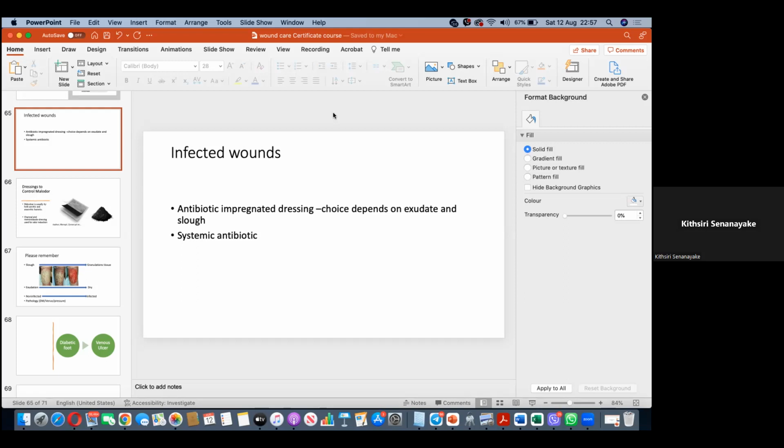For example, if there's a little bit of slough and lots of granulation, using a very strong way of removing slough will damage the granulation tissue. So you need to use a mild form of desloughing method, such as wet to dry dressing.